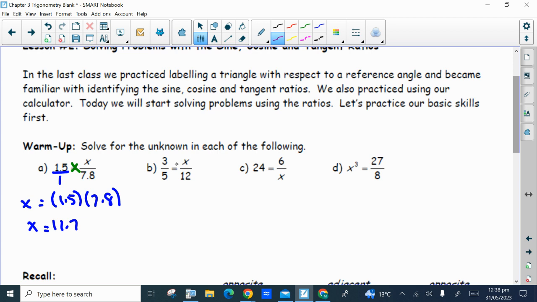For the second one, again, you've got two fractions equal to each other, so their cross products are equal. So 5 times x will equal 3 times 12, which is 36. And in this case, we would have to divide both sides by 5 to get x by itself. So x will equal 36 over 5, which is 7.2.